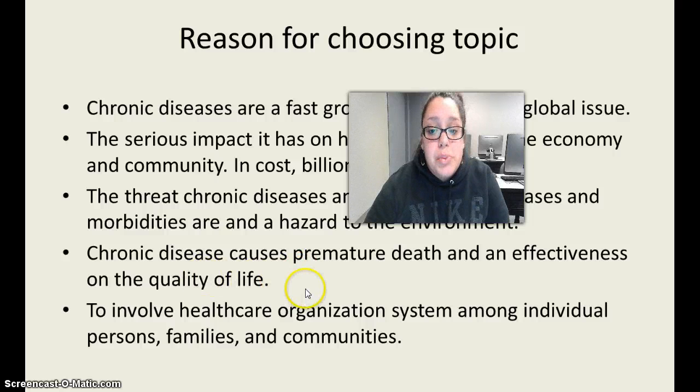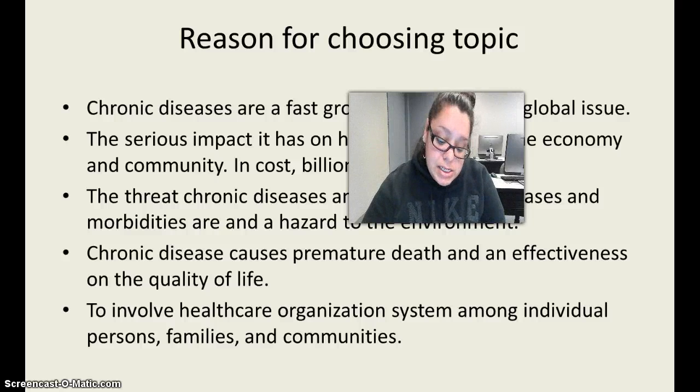Chronic diseases cause premature death and an effect on the quality of life. They involve healthcare organization systems, individual persons, families, and communities. The healthcare system is also impacted by the long-term prognosis and progression of these diseases, and the productivity that is lost in physical and mental function.